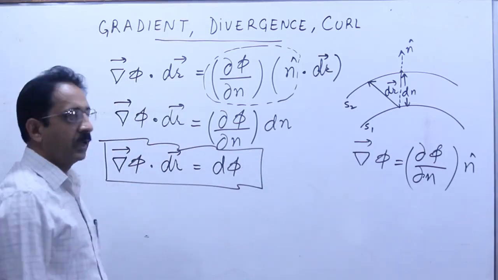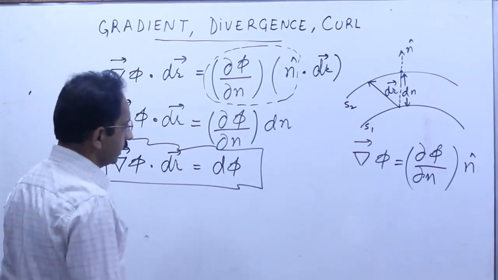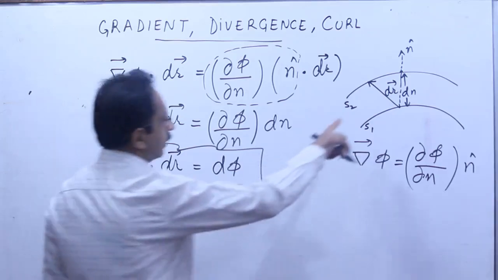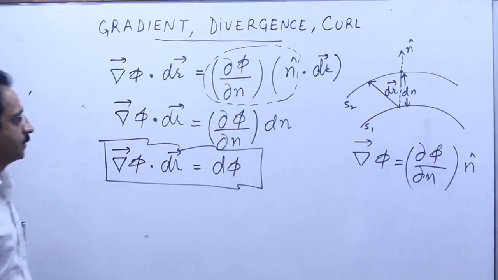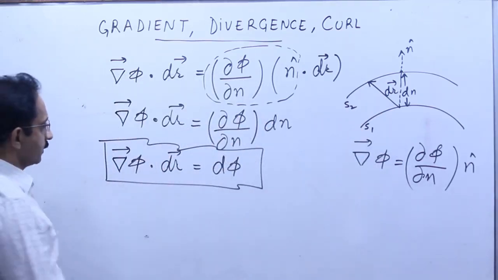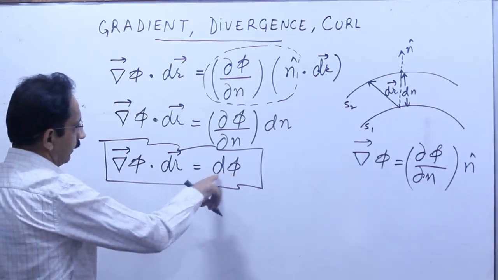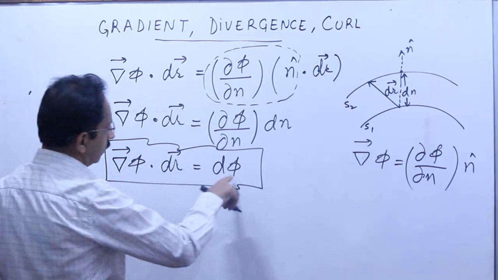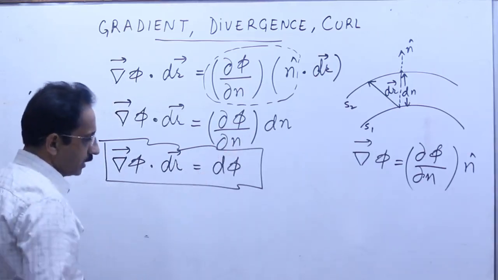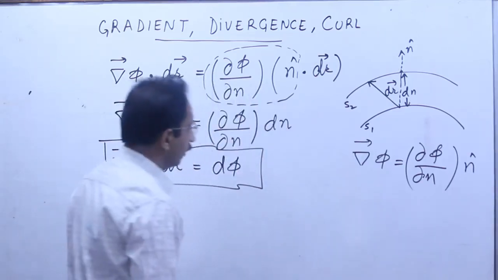Now see how we take an important interpretation of this. If I go back to a level surface, imagine that we are on a single level surface, and on that single level surface we say that the value of phi remains constant. So if phi is equal to constant over the whole level surface, you will agree that d phi will be equal to 0.